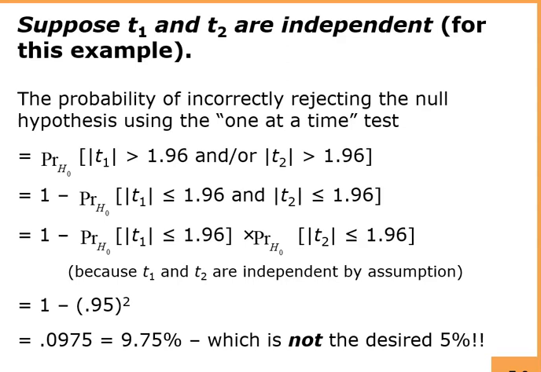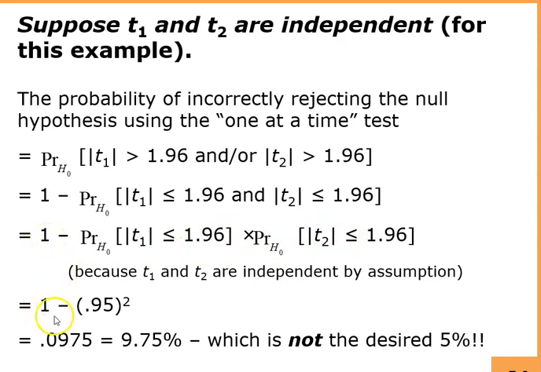So in this scenario, we are basically assuming that T1 and T2 are independent of each other, and when they are independent, and we are saying that both happen at the same time, we have to basically multiply the probabilities of these two events happening, and then we will subtract that product from 1 to get the probability.